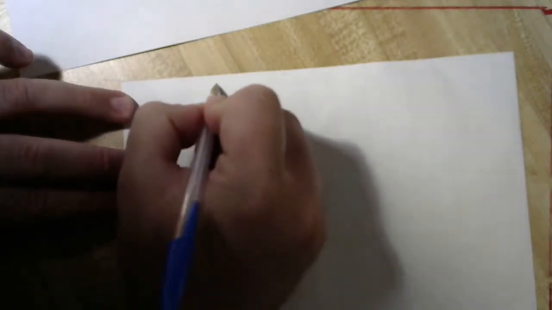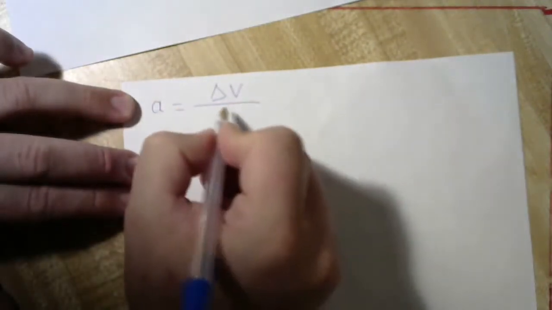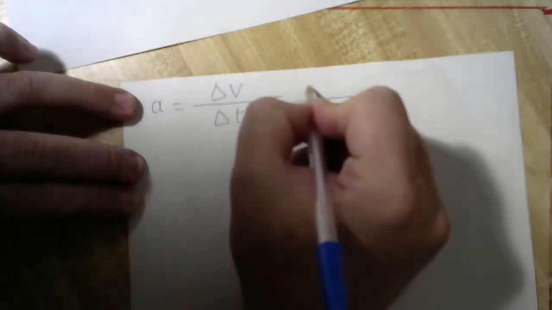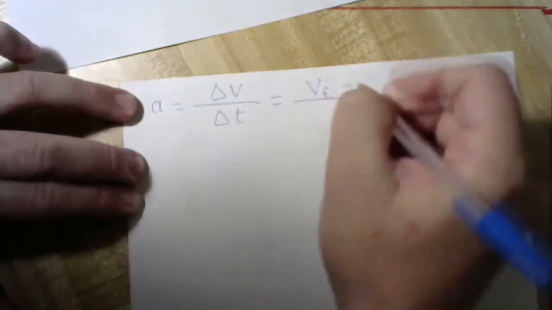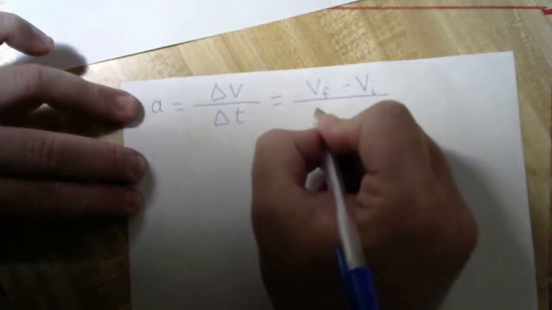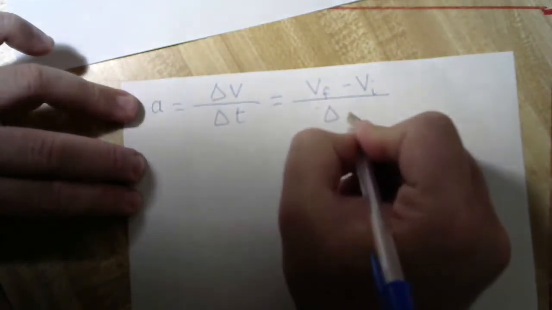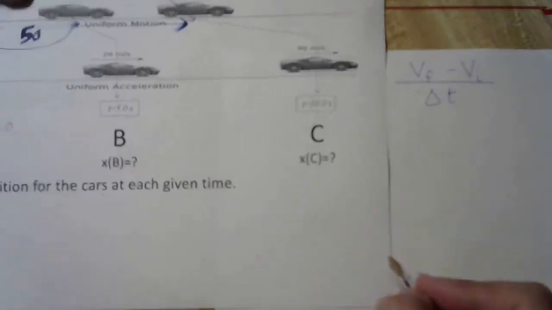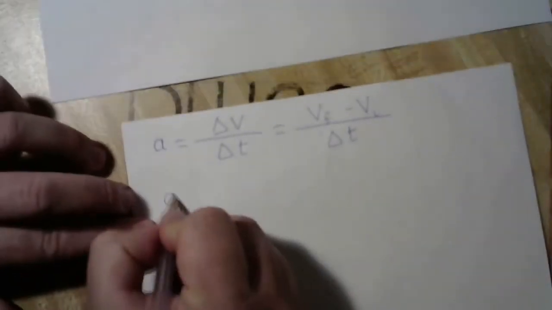So I need to find the acceleration. The acceleration is equal to the change in velocity over the change in time, which is equal to the final velocity minus the initial velocity, divided by the change in time or the time period.